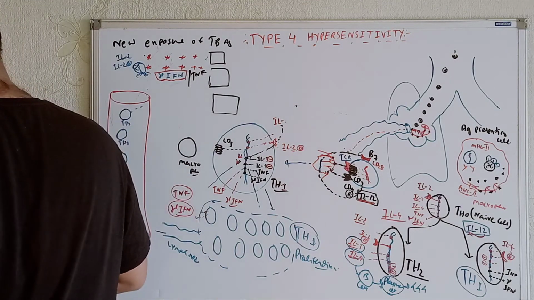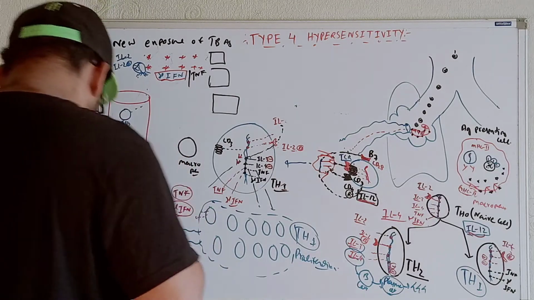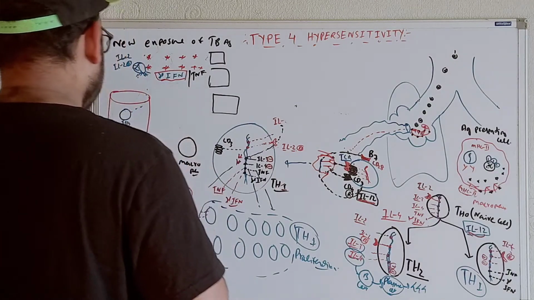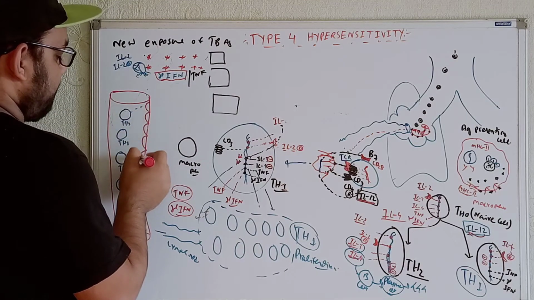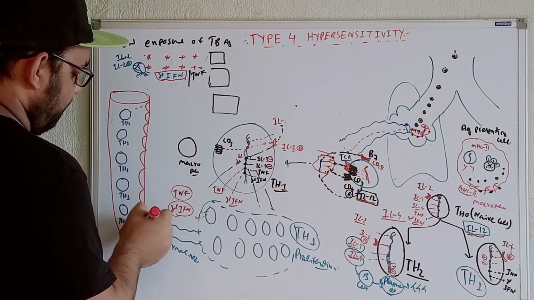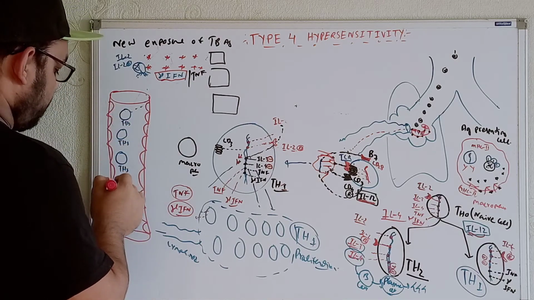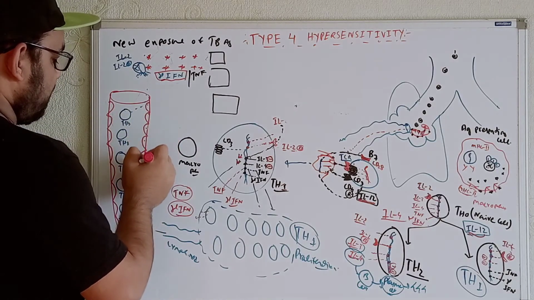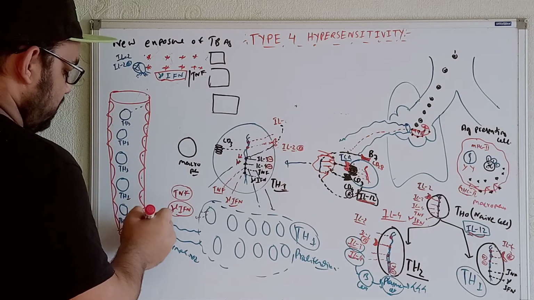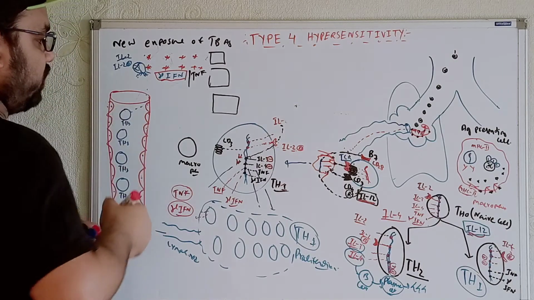Now, if we draw the endothelial cellular lining over here, whenever we are getting the production of the endothelial cells, let's see what gamma interferon will do.